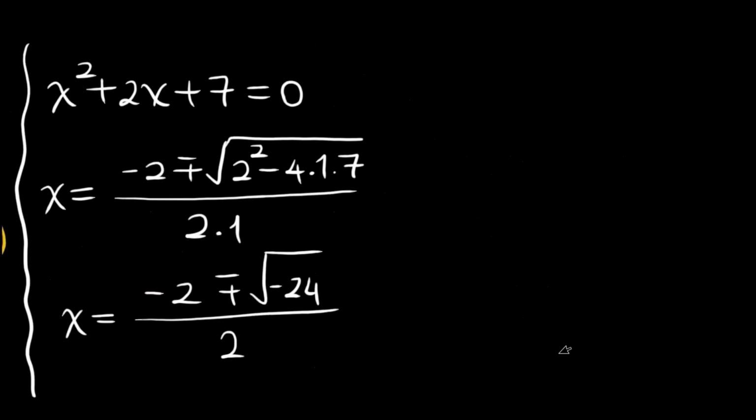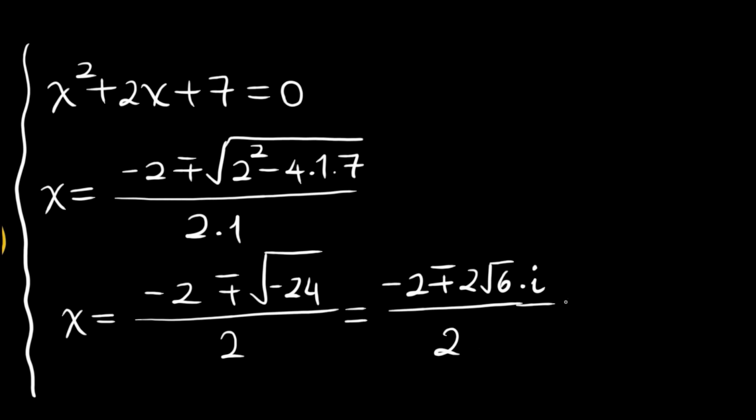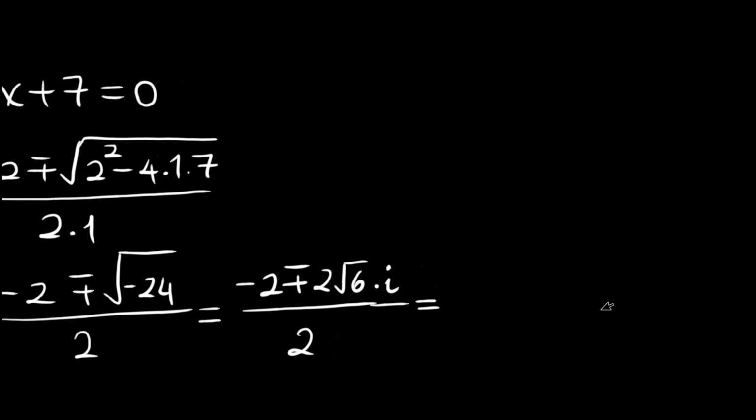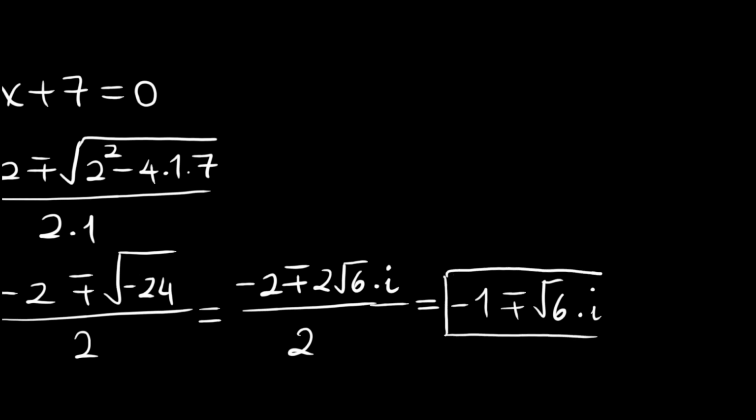This negative 24 can also be written as 2 root 6 times i, since we have a negative sign inside the square root, divided by 2, and this is equal to negative 1, cancelling by 2, plus or minus root 6 times i. These are the other two roots to our cubic.